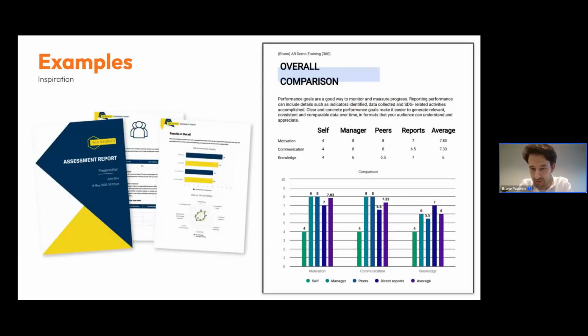So the one on the right is one that I used to test the entire tool, and it's a very simple example without too much explanation of a 360. So someone gave themselves some scores, their manager gave them some scores, several peers gave them scores, and they got aggregated. Then we got a full average as well. We put all of that in charts.